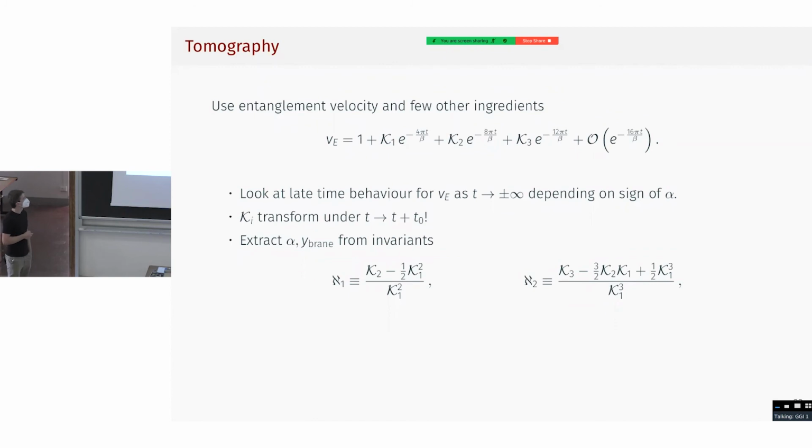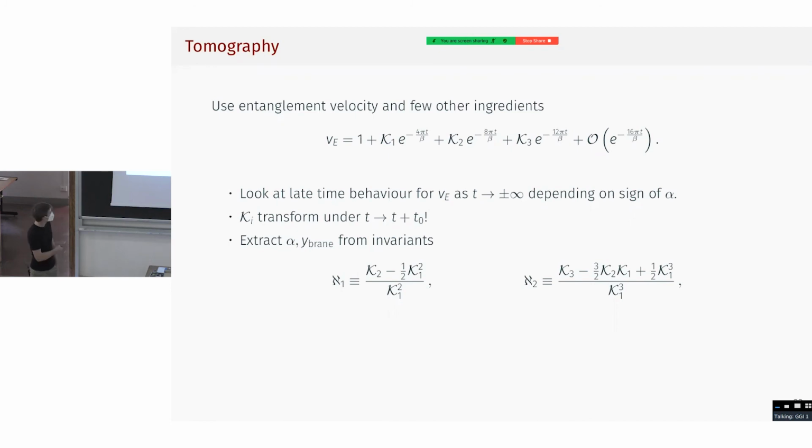Now these coefficients are of course not invariant under shift in Schwarzschild time, but they transform just by multiplication, or at least K1 just by multiplication by an exponential factor. And so in order to get rid of this dependence on the time shift, we can form particular invariants of those coefficients.